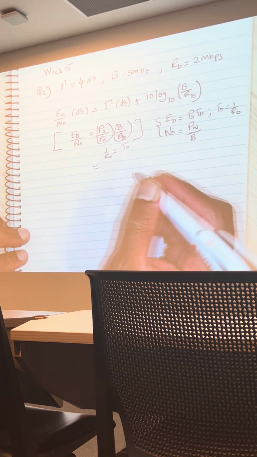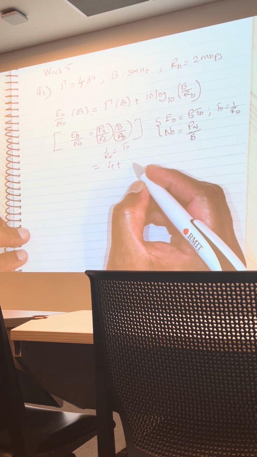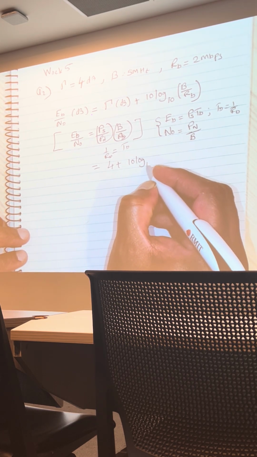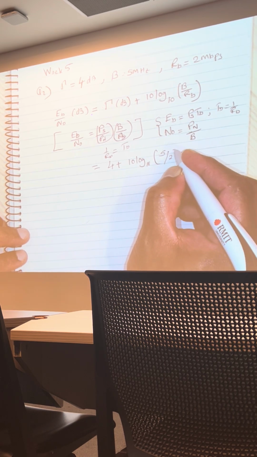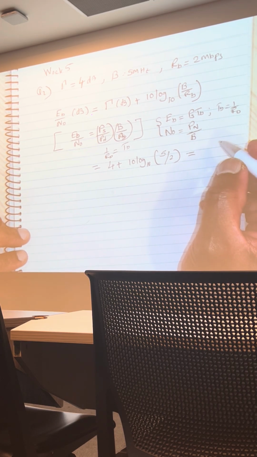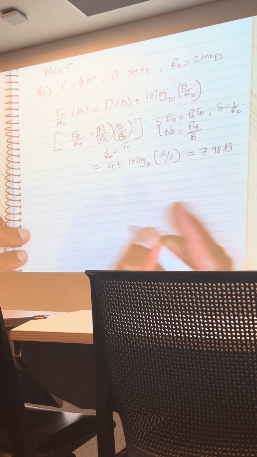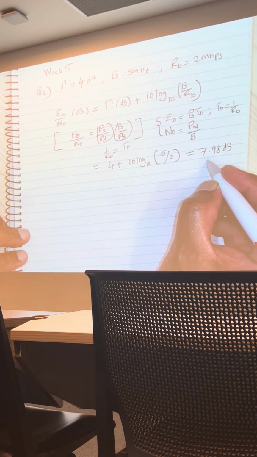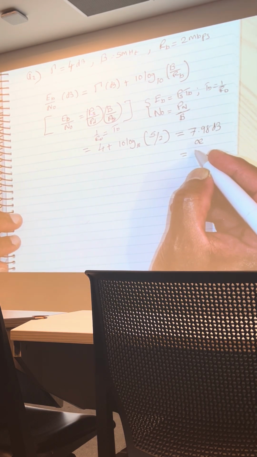So if you substitute values from here, we have 4 dB plus 10 log base 10 of 5 on 2, and that will give us 7.98 dB, or in linear values it's 6.28.